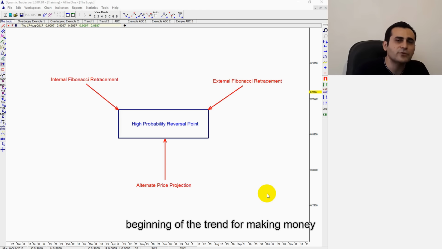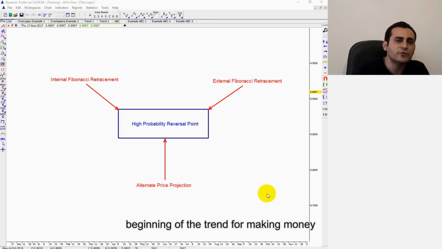We use external Fibonacci retracement here to here, and you can see in this line, this external retracement is very far, so you remove it. In this line we have a very close and narrow zone, which includes one external and one APP, and this is most likely our reversal zone, and we remove here too.